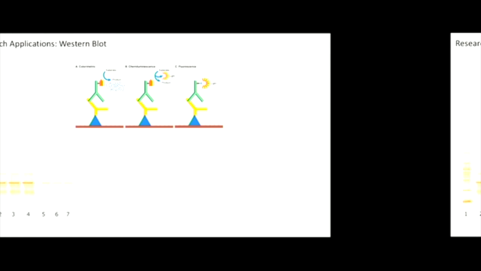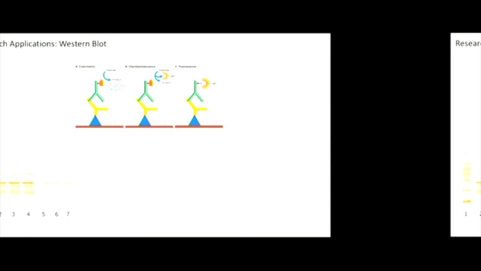So when you're thinking about antibodies, say this is your target antigen. You can have an antibody that binds directly to that and has something attached to it that allows you to visualize it, or you'll have an antibody that binds to that, and then something that binds to that antibody that has some sort of marker for detection on it.